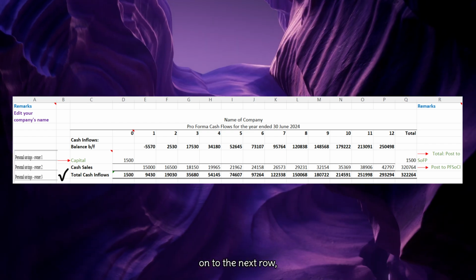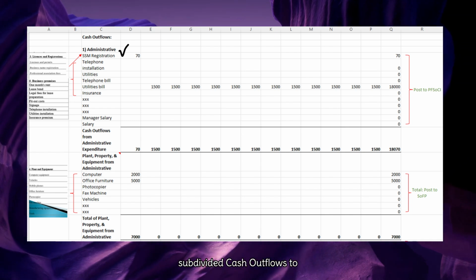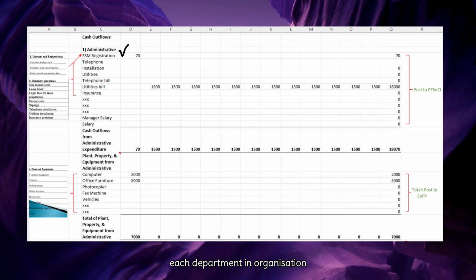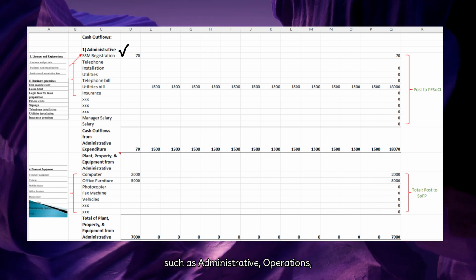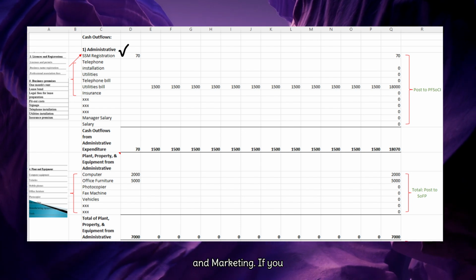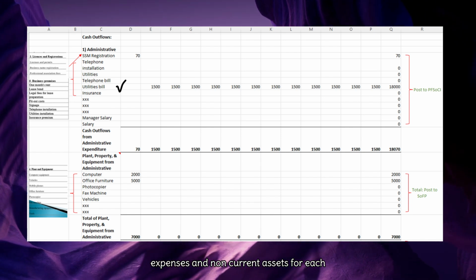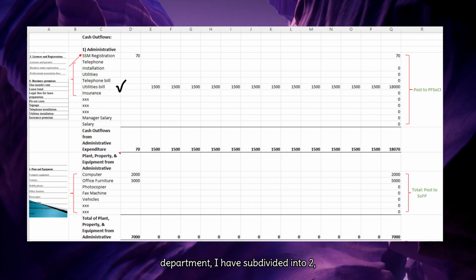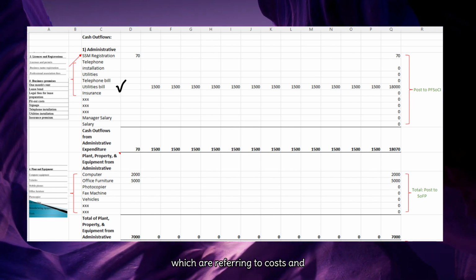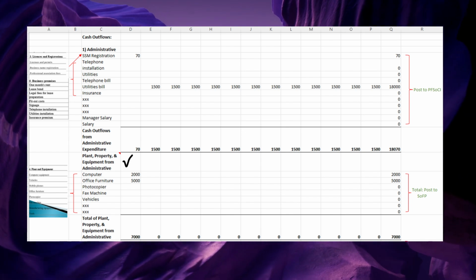Now let's move on to the next row, cash outflows. I have subdivided cash outflows to each department in organization such as administrative, operations, and marketing. If you can see, costs and expenses and non-current assets for each department, I have subdivided into two, which are referring to costs and expenses and non-current assets.